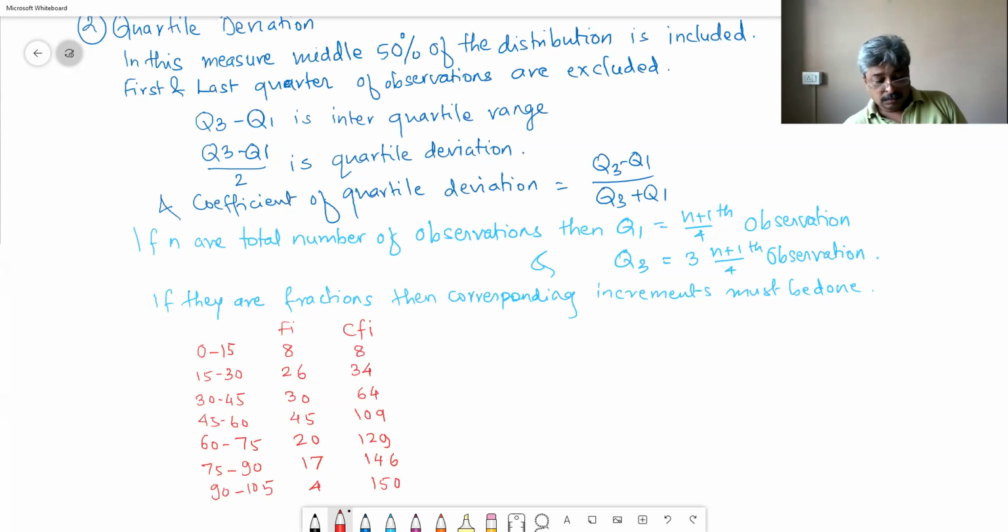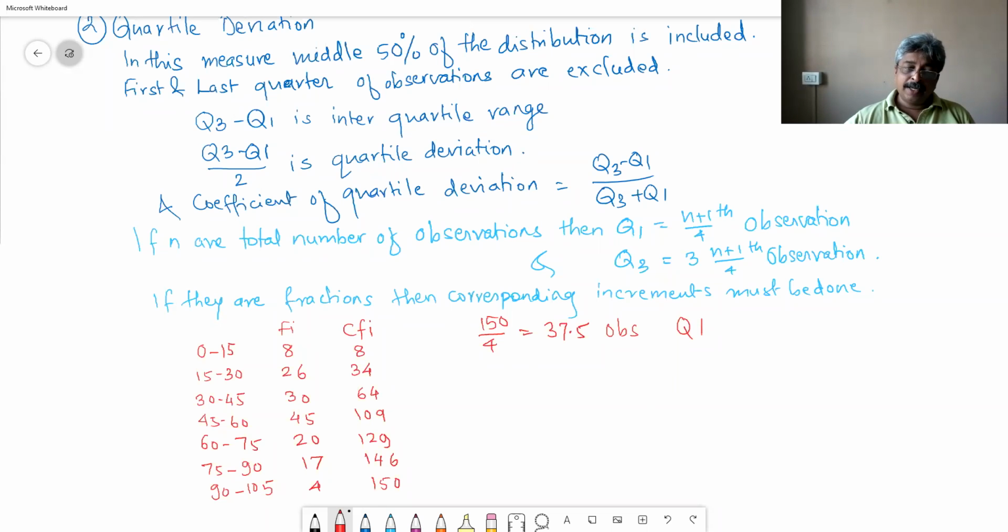So 150 divided by 4 is equal to 37.5. First 37.5 observations is your Q1 technically.